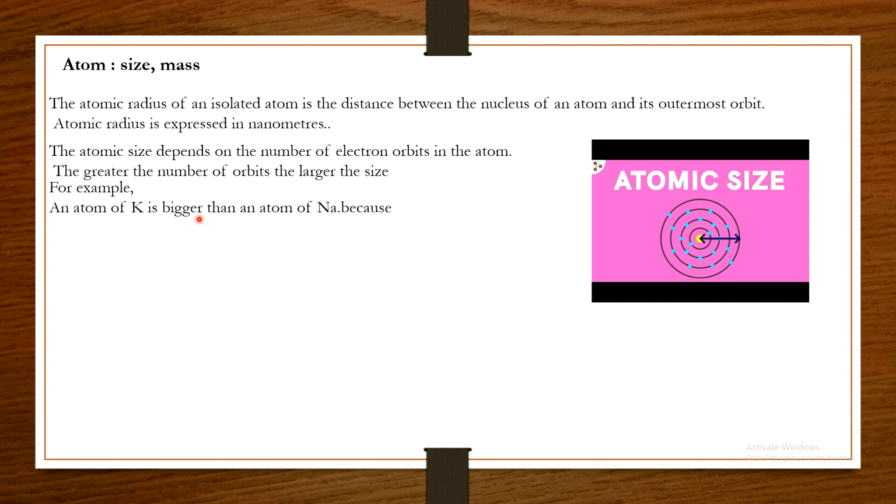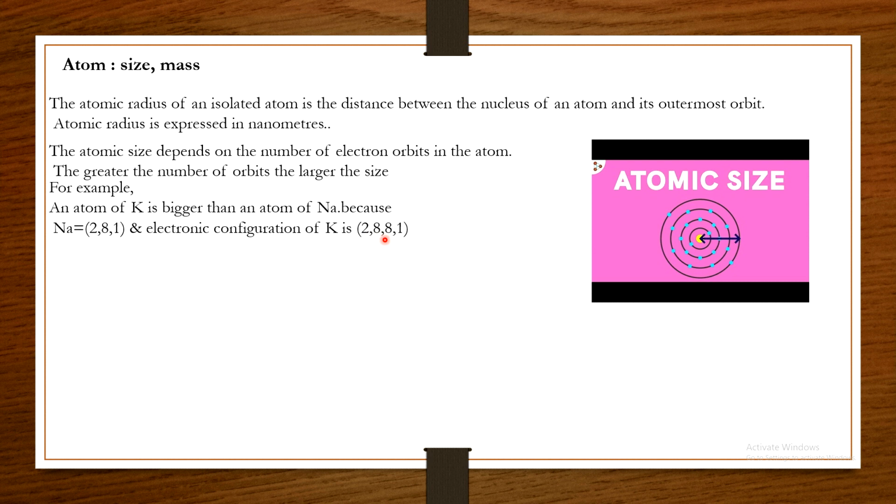Potassium atom is bigger in size than sodium. How? Because the atomic number of sodium is 11, and the atomic number of potassium is 19. If we write the electronic configuration, we can write 2, 8, 1 and 2, 8, 8, 1, because 2, 8, 1 makes 11. So the atomic number of Na is 11, and of potassium is 19.